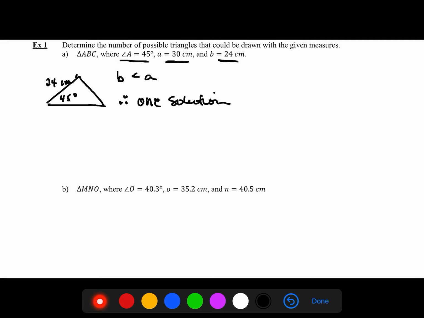Okay, so this one is longer, meaning it's going to come over here, and there's going to be one solution.